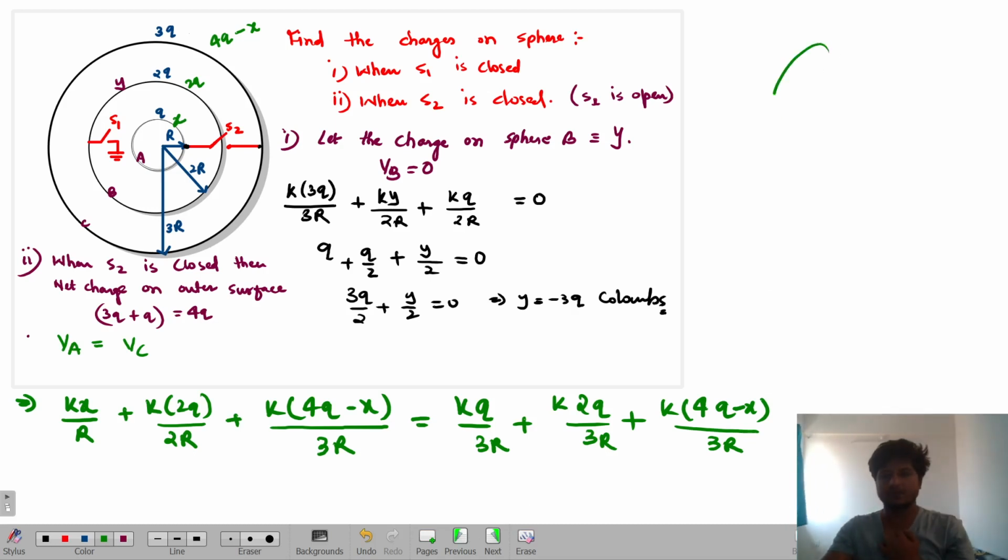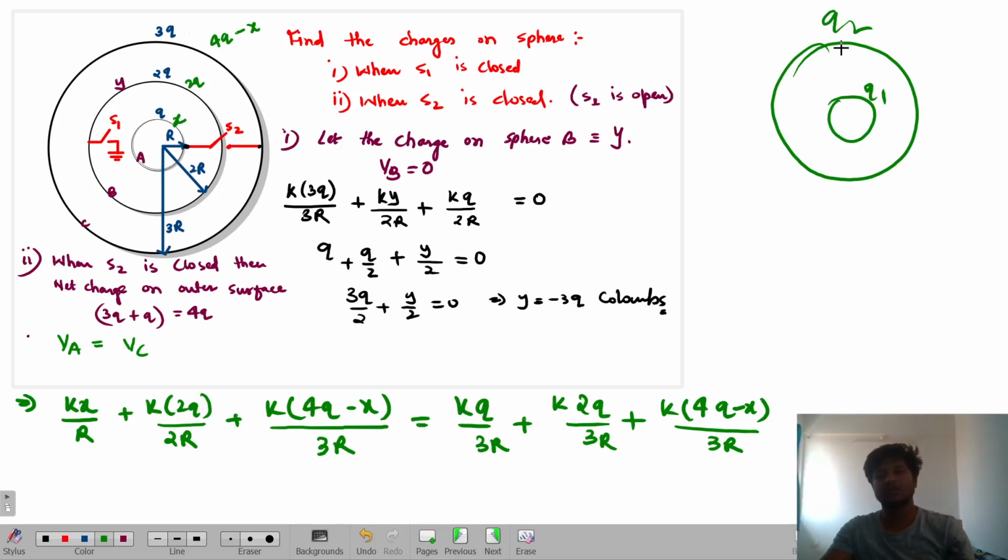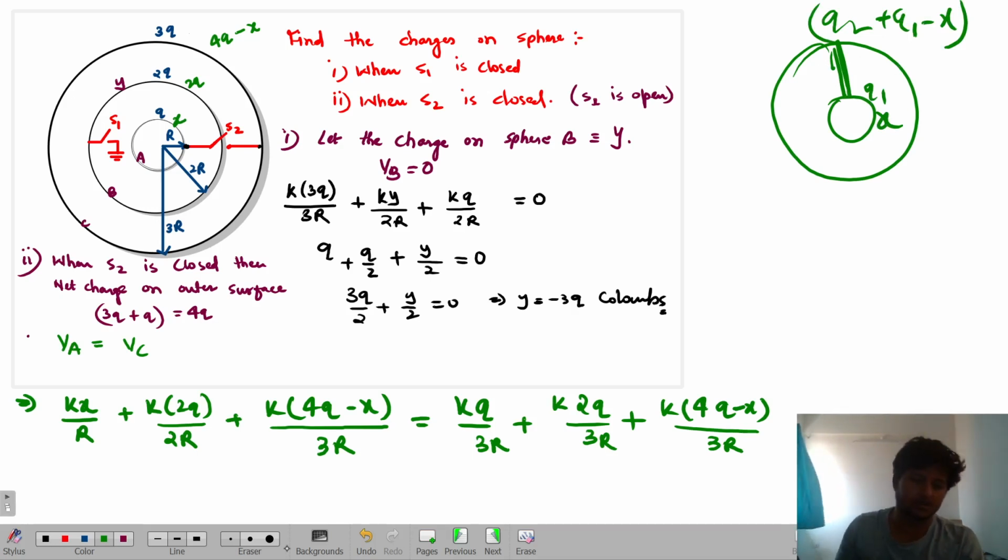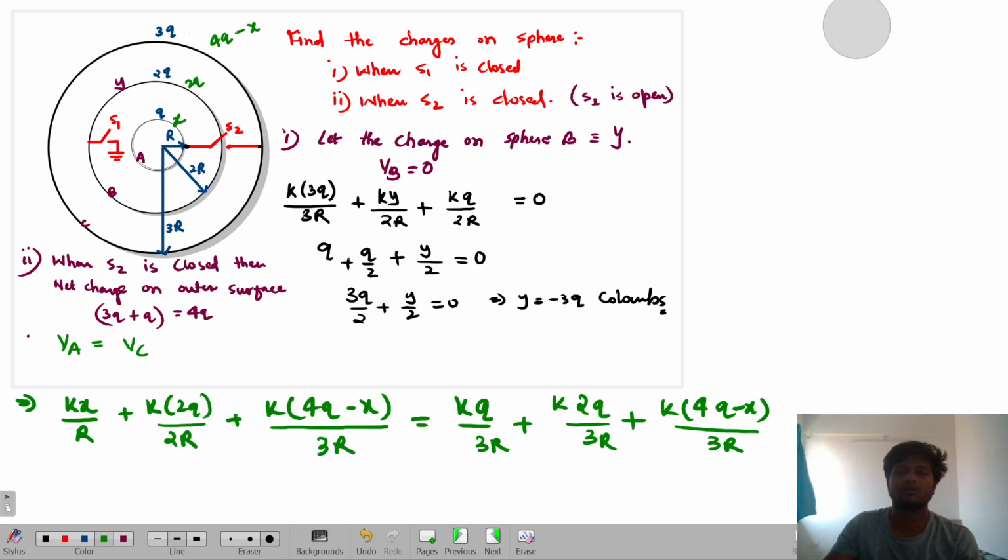So whenever conduction happens, if there is Q1 over here and Q2 over here, for two spheres, and if I connect with the wire, then this one will become q1 plus q2 minus x, and this one will just become x. Are you able to get me or not? Okay. So look over here, what I got. So x by r.